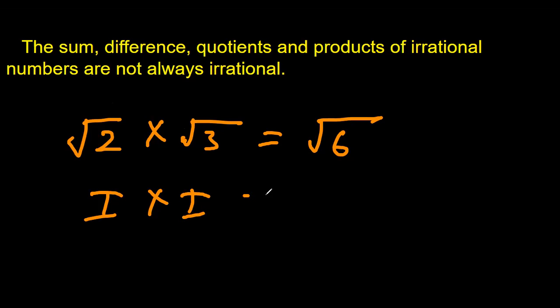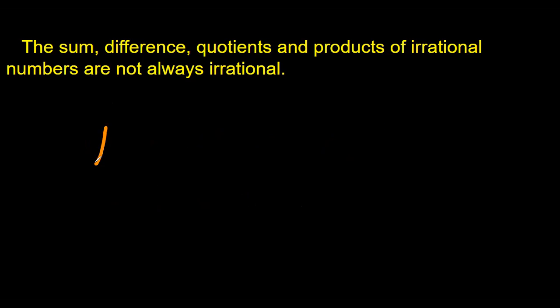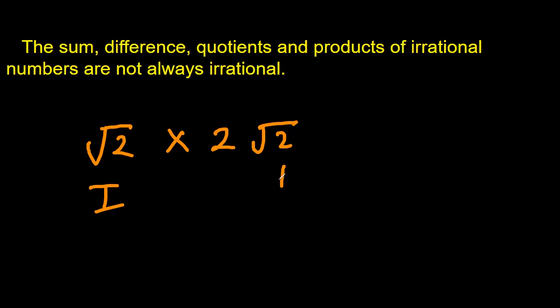Looks like it should be closed, but it is not, because we see another example, like under root 2, which is an irrational number. When we multiply this with 2 root 2, right? Both are irrational. See, this is irrational. This is also irrational. What product we get? 2 into root 2 into root 2.